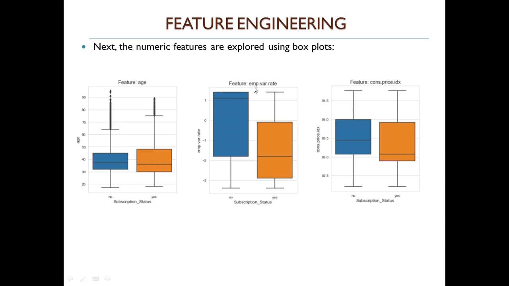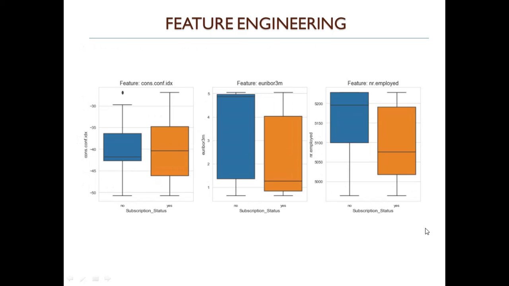But for the employment rate, you notice that the box plots aren't as much overlapped, so we have some protrusion from the no class of the target label. The consumer price index is also closely overlapped, so that also has not very high information content. Similar reasoning can be applied to the remaining three features.